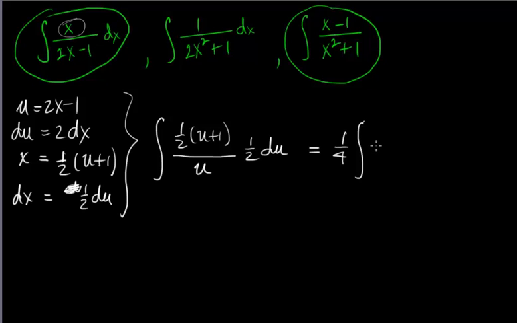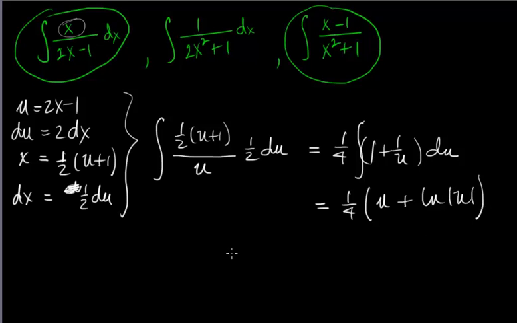U plus 1 over u is 1 plus 1 over u, du, which is, well, we can integrate. 1/4, the integral of 1 du is u plus the natural log of the absolute value of u. Now putting our x's back in, we have 1/4 u, which is 1/4 times 2x minus 1 plus 1/4 the natural log of the absolute value of 2x minus 1 plus a constant.